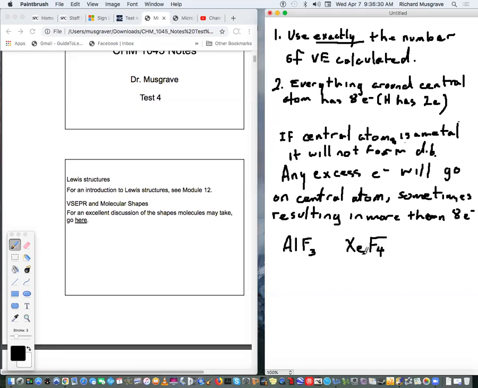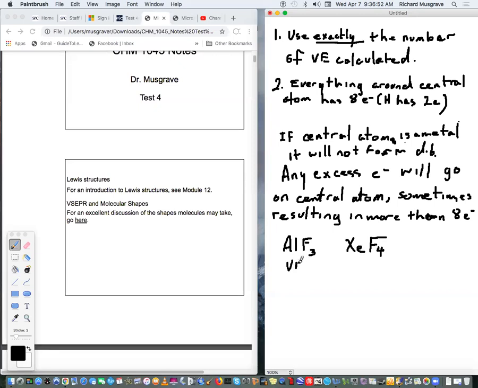Now the XeF4 is an interesting one because Xe is a noble gas, and you might be thinking, well, Xe being a noble gas couldn't form compounds. Well, actually, it turns out it can. Krypton, xenon, and radon can all form compounds. They're not incredibly easy to make, but they can be made. But let's look at AlF3 first.